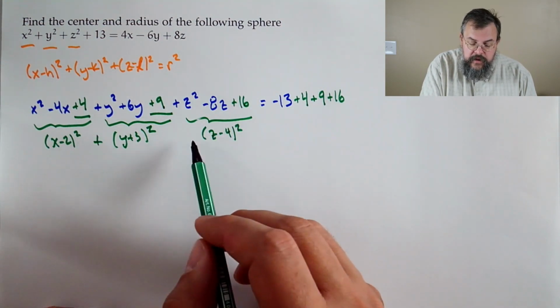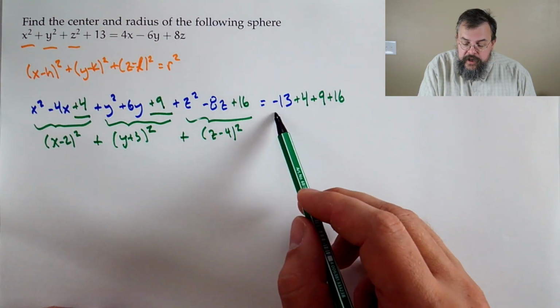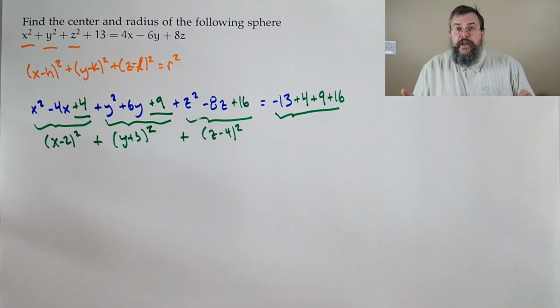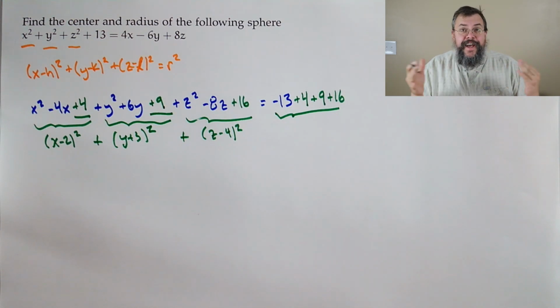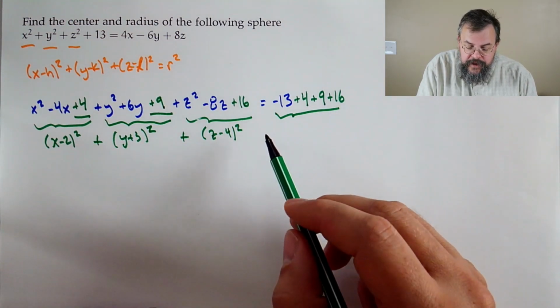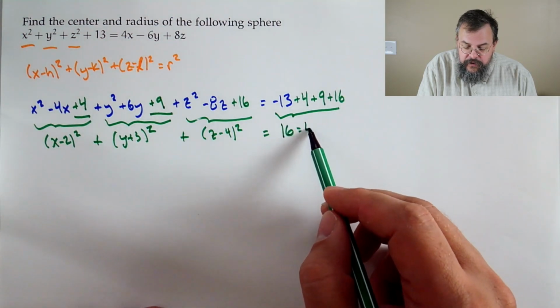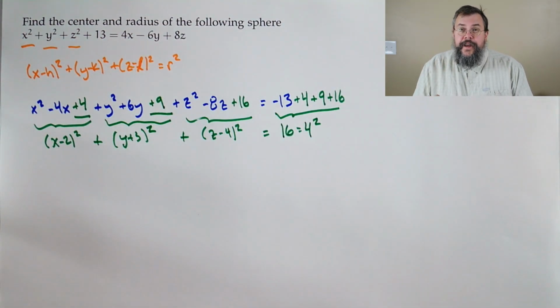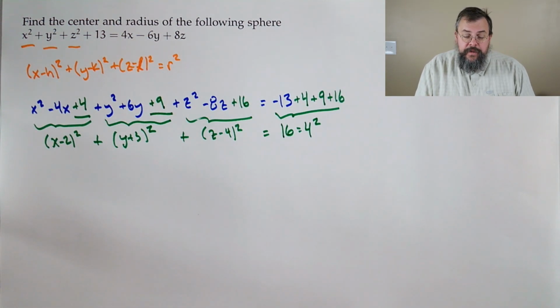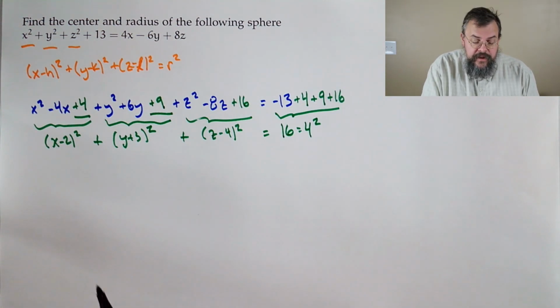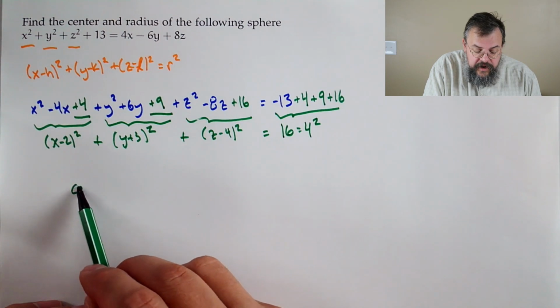Okay, good. Now, how about over here? Well, let's just add things up. Negative 13 plus 4 plus 9, well, that all cancels out, and so we're left with 16. Or, if you like, 4 squared. Now we're ready to read off our answer, because it says find the center and radius. So, where's our center?